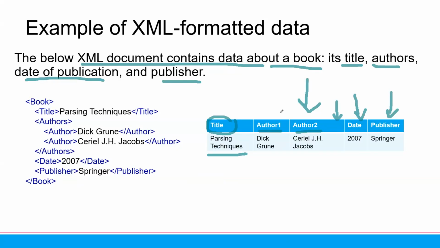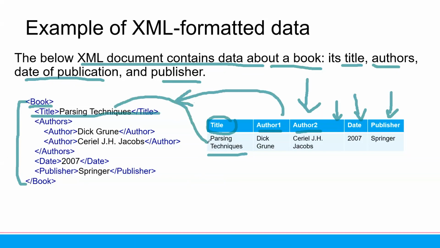When you have this kind of table, you can convert it into this type of XML. We call this XML. We have one book, and we have one title. What is the title?